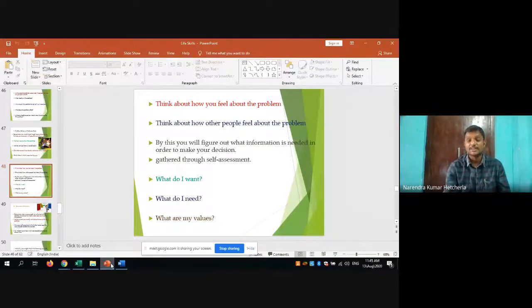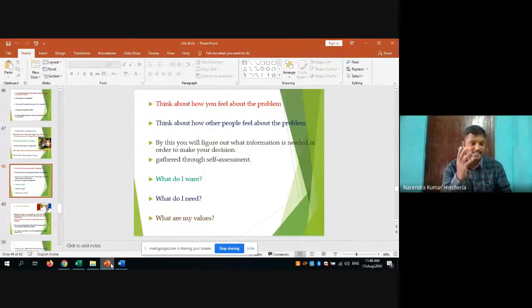This is what you need to think in a dual way. As a coin has two faces, you need to think about your problem from your perspective and from others' perspective. By this, you will figure out what information is needed in order to make your decision. This is what we call the information gathered through self-assessment.